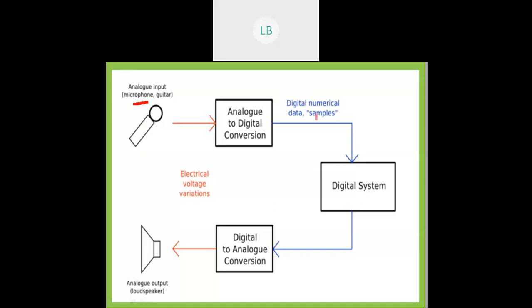This sample is stored in the digital system. And when the sound is played again, it is converted into an analog signal by the digital to analog converter. And the sound is heard by the output device.